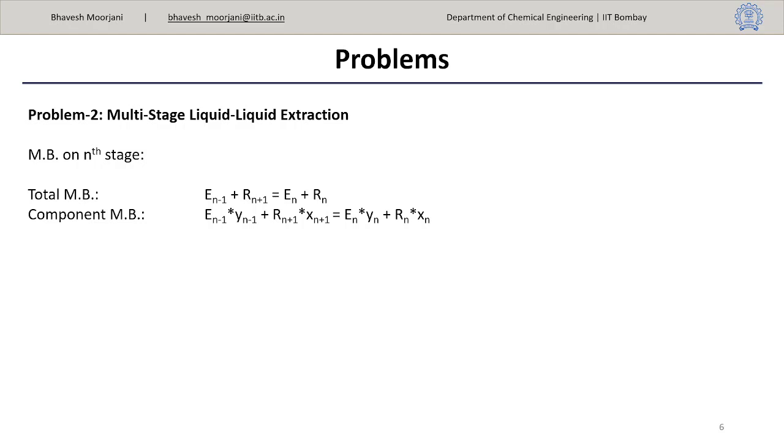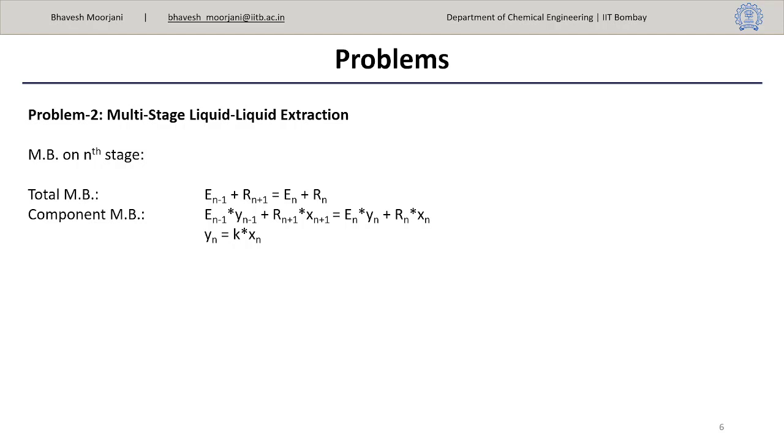Then you will have a component balance. In the component balance, you will have extract coming from your previous stage times the concentration of the given component, Yn minus 1, plus raffinate coming from the next stage times the concentration of that component in the raffinate, equivalent to extract times Yn plus raffinate times the concentration of the component in the raffinate leaving.